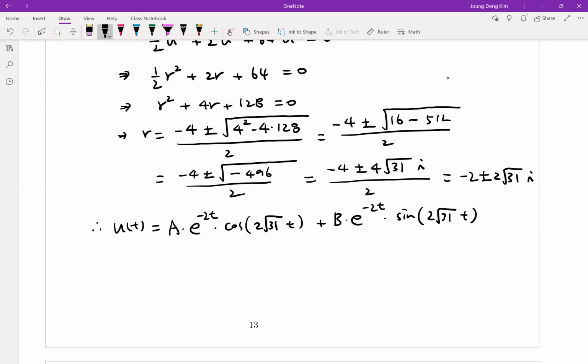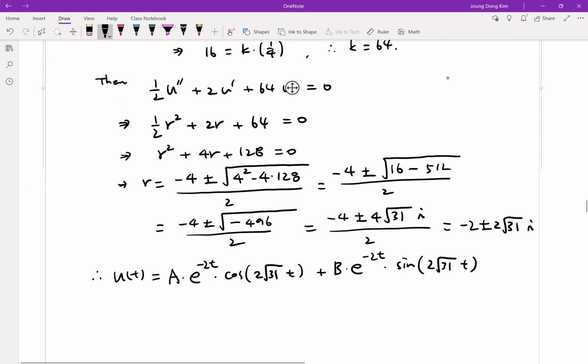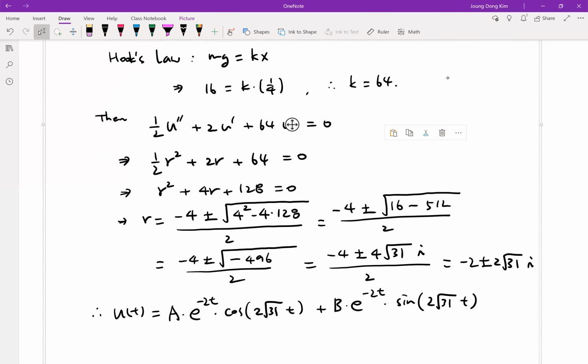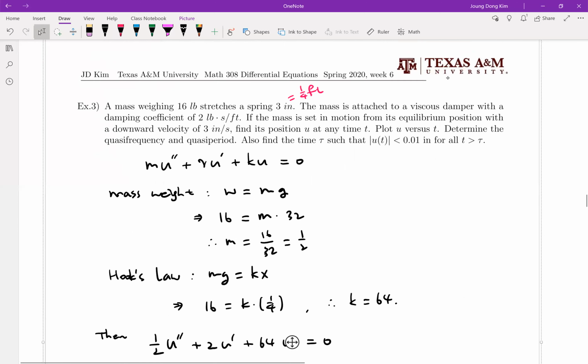So now, let me come back to the problem, okay? The initial condition is given. Look at the second line. I'm talking about this part, okay? If the mass is set in motion from its equilibrium position, right?